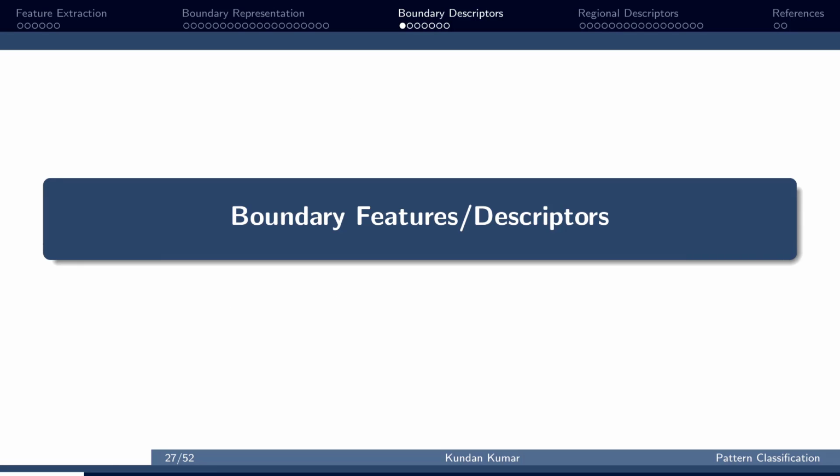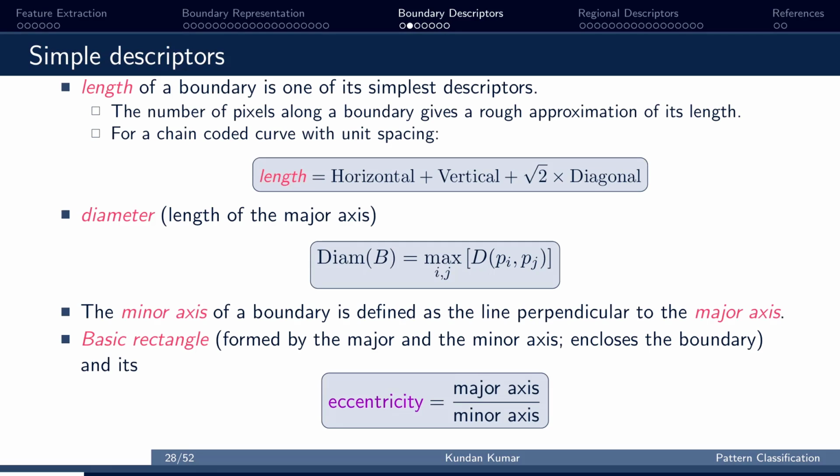Now let us discuss the boundary features or descriptors. We can define our descriptors using the boundary representation that we obtained. There are many boundary descriptors like length, diameter, minor axis, even the basic rectangle. So how can we compute these?